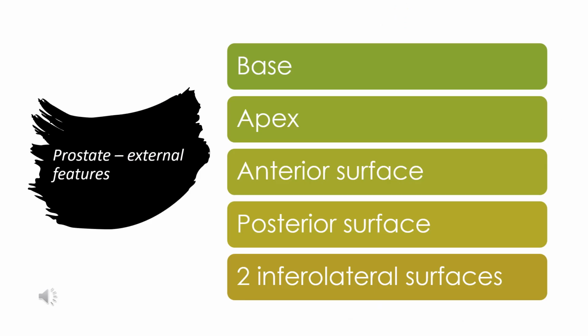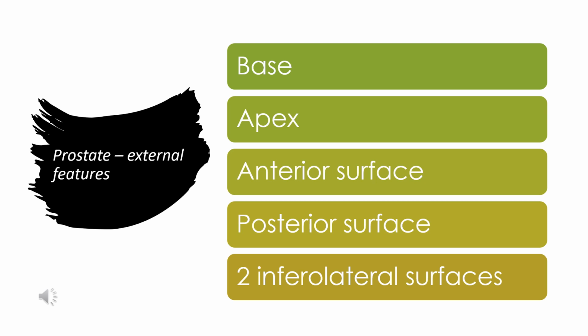We will see the external features and the relations of the prostate gland, and this might be of importance from your theory exam point of view. The prostate presents the following external features. It has an apex, a base and 4 surfaces.